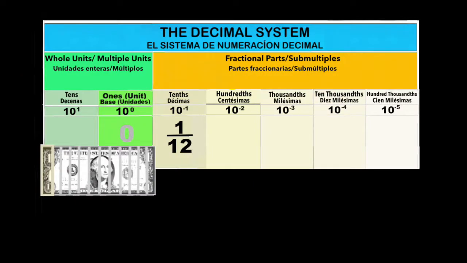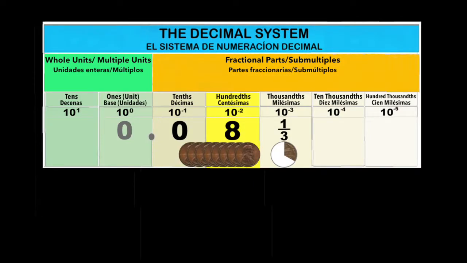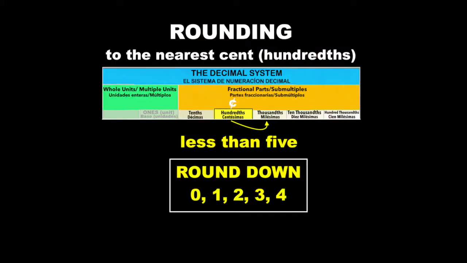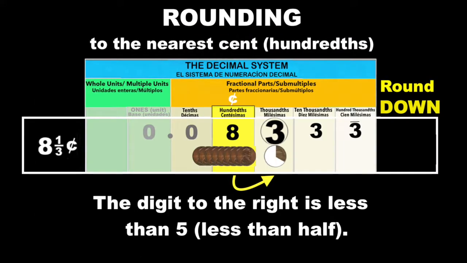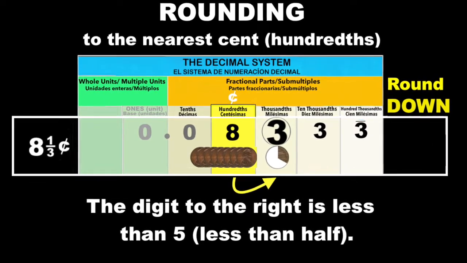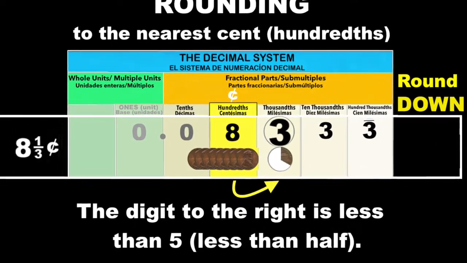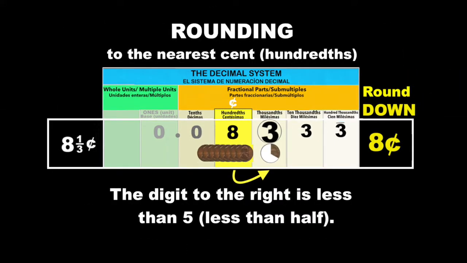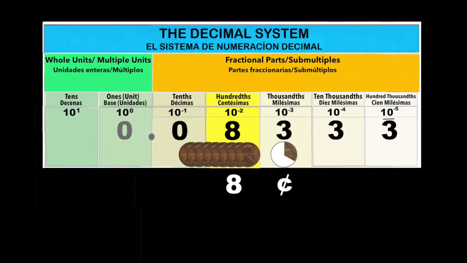One-12th of a dollar, 8 1/3 hundredths. Round down. The digit to the right of the hundredths place is less than 5 or less than half. You round down to 8 cents.